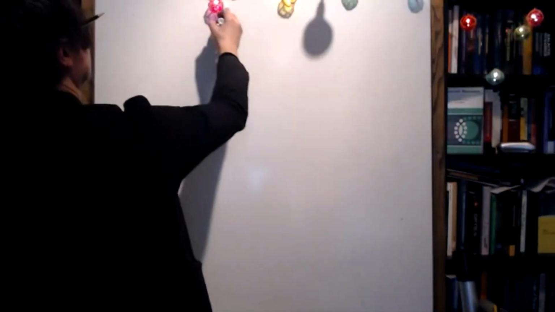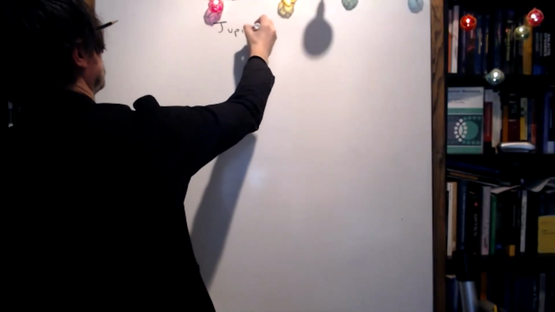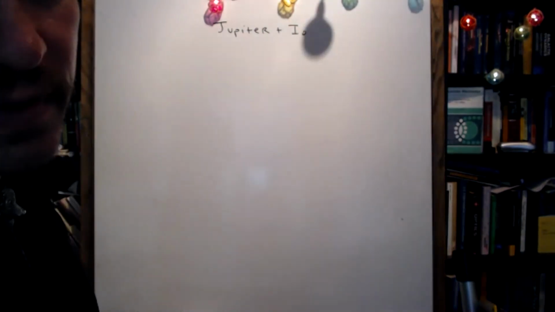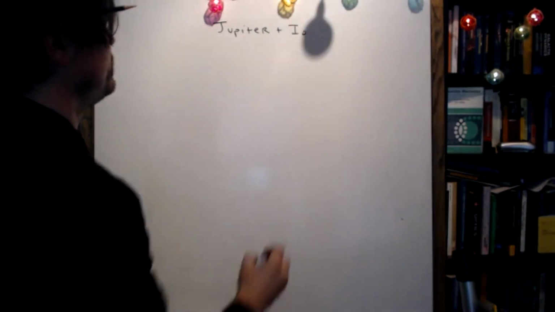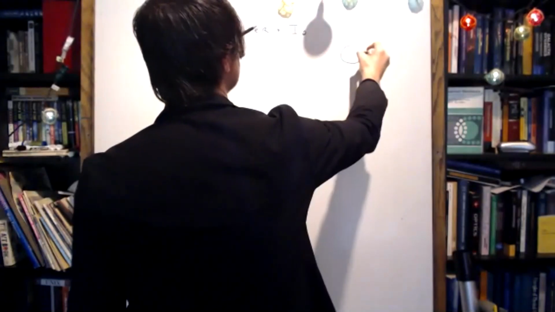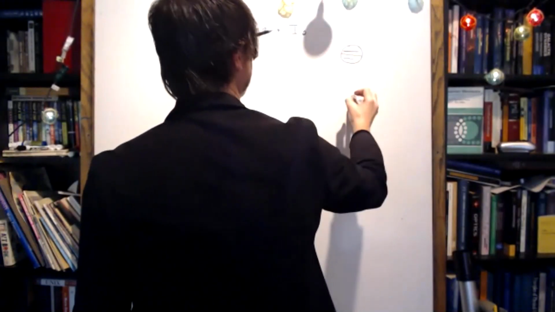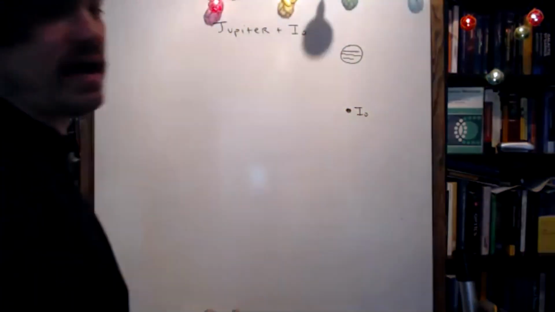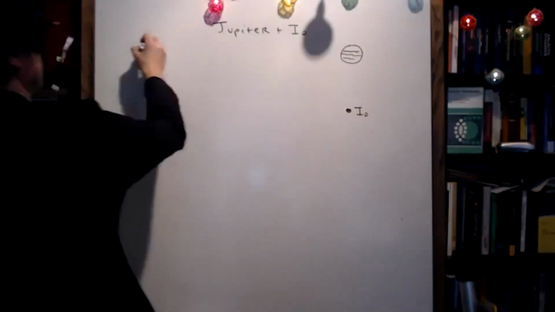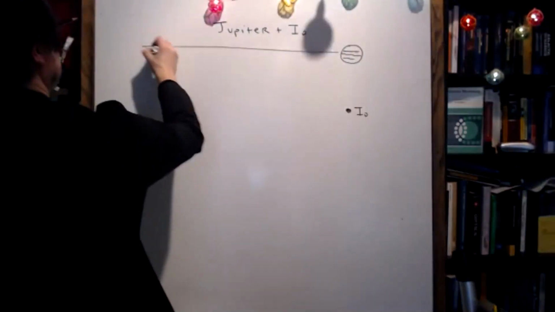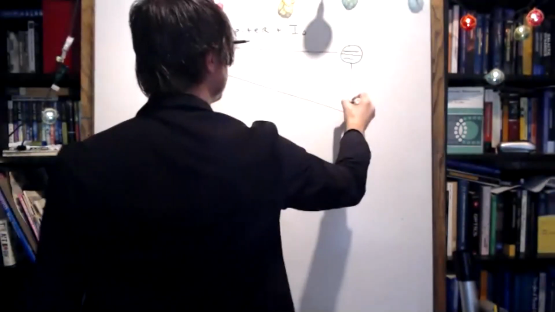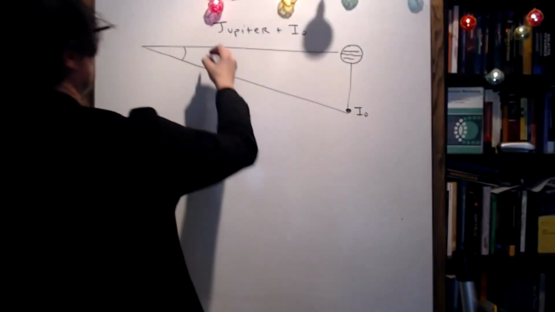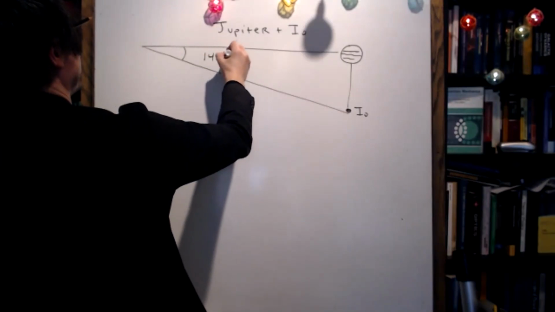This problem is about Jupiter and its moon Io. We need to start off by drawing a picture so that you can understand what's happening here. This is Jupiter. This is its moon Io. They are separated from each other by an angular separation of 145 arc seconds.